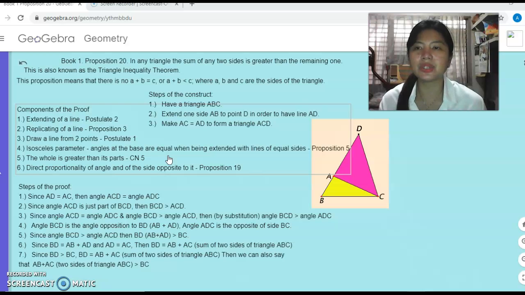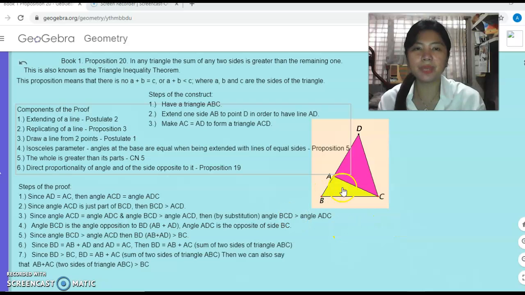Then we'll make use of the common notion that the whole is greater than its part. And lastly, Proposition 19 or Proposition 18, which show the direct proportionality of an angle and the side opposite to it. So let's now discuss the proof.